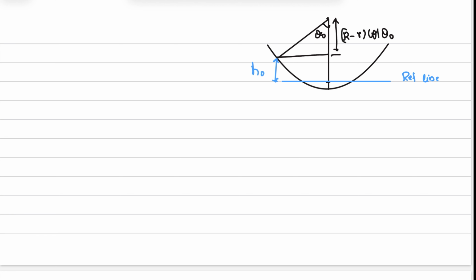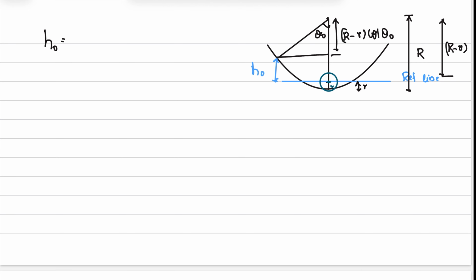Now, what is h naught? This total distance is R, and from the reference line this distance is R minus r. Please try to understand this. This is R because the COM is taken as the reference line, and here this is the sphere at the lowest point.